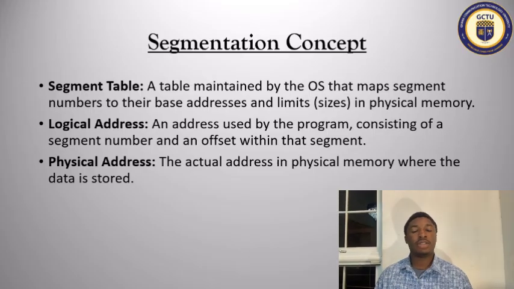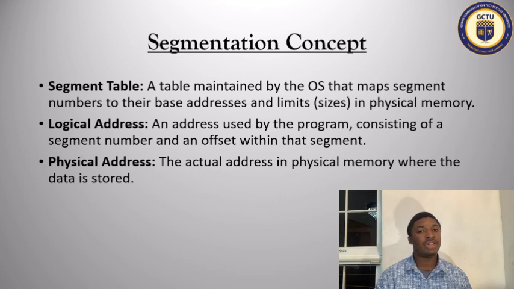We move to the concept of segmentation, and we have here the segment table, which I've already said is maintained by the OS that maps segment numbers to their base address. So to find the main address of a segmented part, you need the base address which the segment table has.